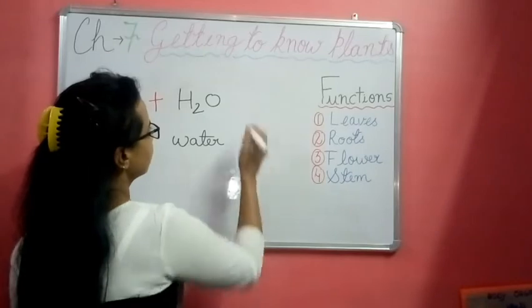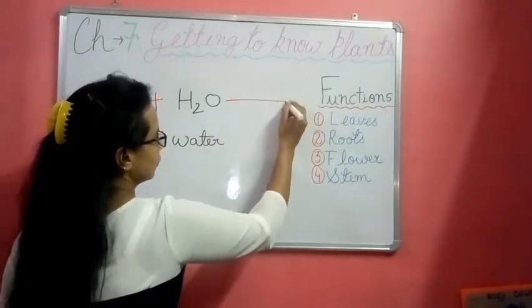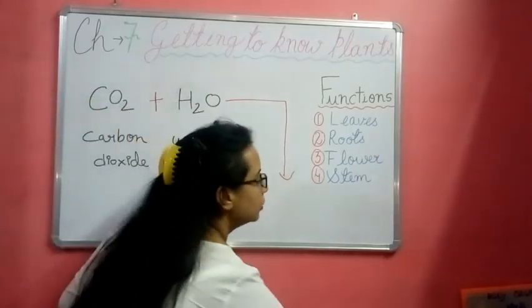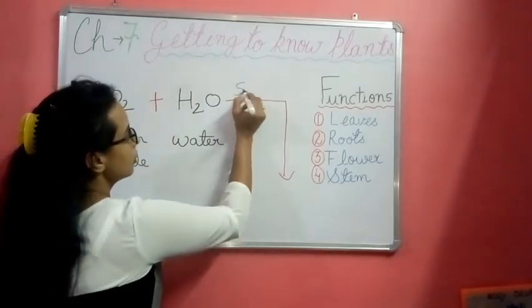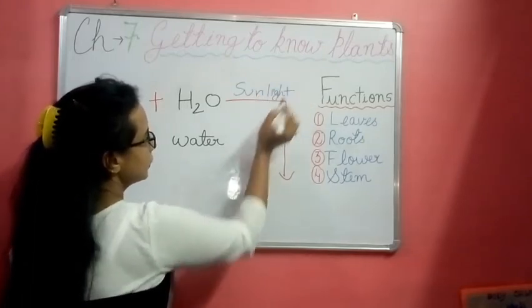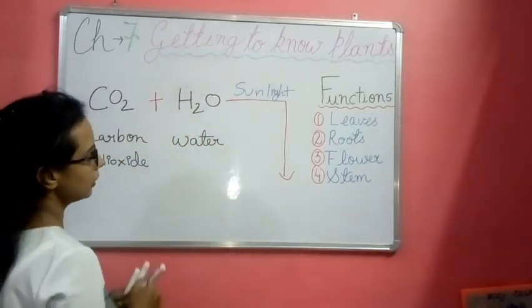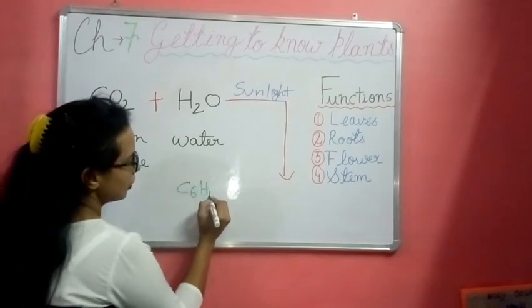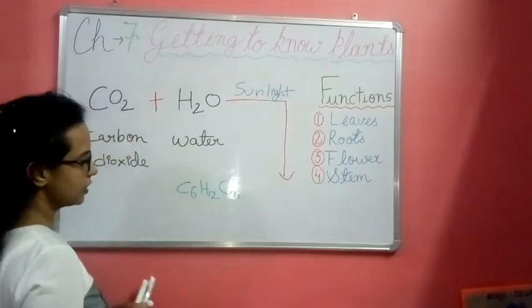And this reaction takes place. I am writing downward here because space is not there. So the third requirement is the sunlight. So what will be made from this? First of all, what will be made? That is glucose, C6H12O6. What is this?